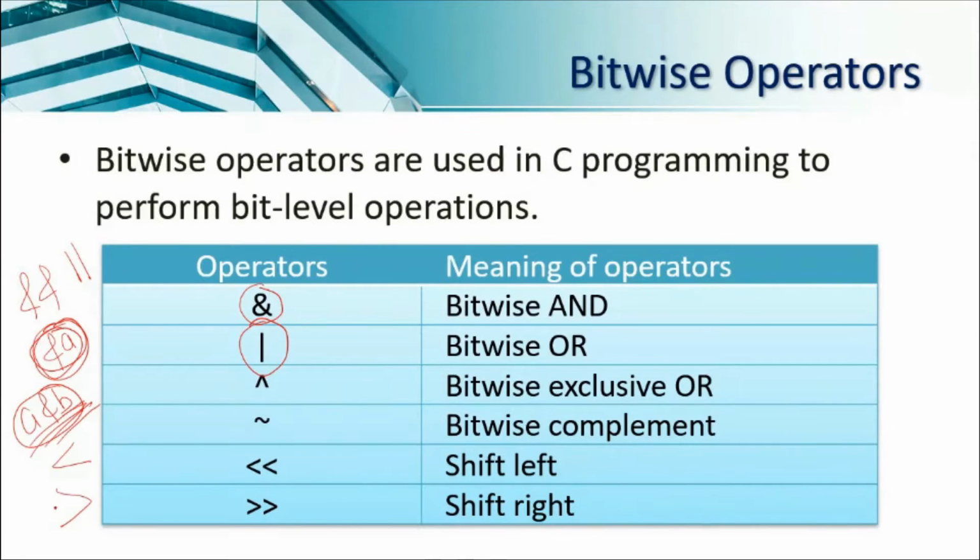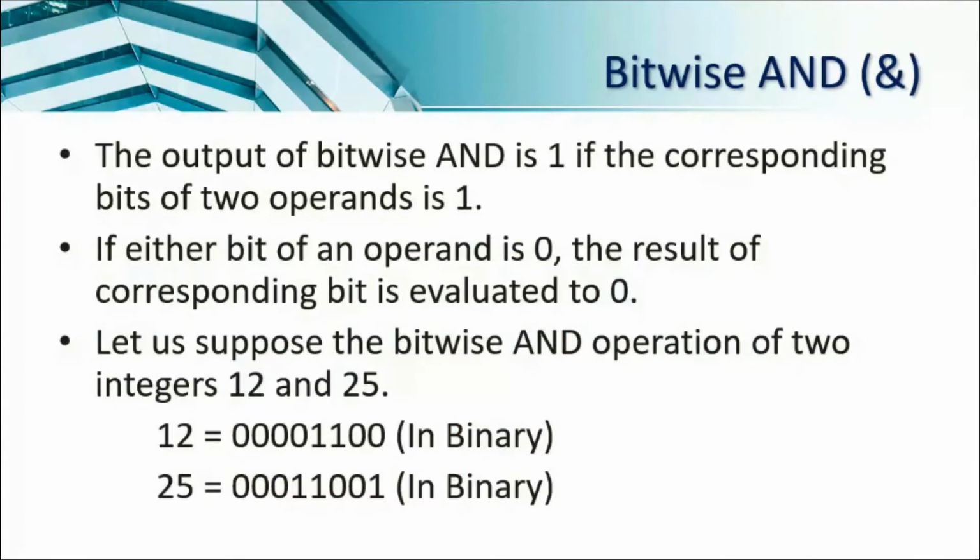Then greater than symbol is also a relational symbol. But when we put 2 greater than symbols together, it is shift right, and when we put 2 less than symbols together, it is shift left. So let's see what each operation means: bitwise and, bitwise or, bitwise exclusive or, bitwise complement, shift left, shift right, etc.